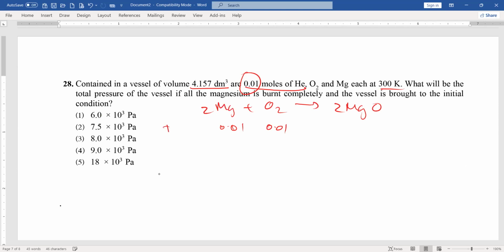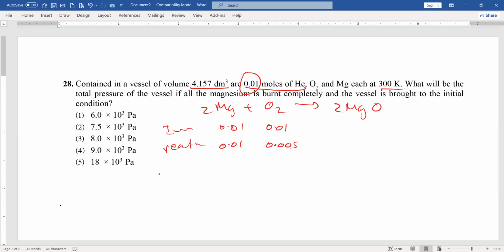This is the initial amount; if 0.01 of magnesium is reacted, then the amount of oxygen reacted with that is 0.005.